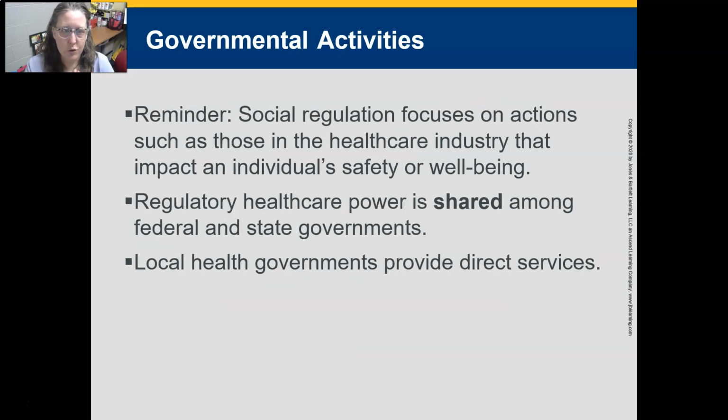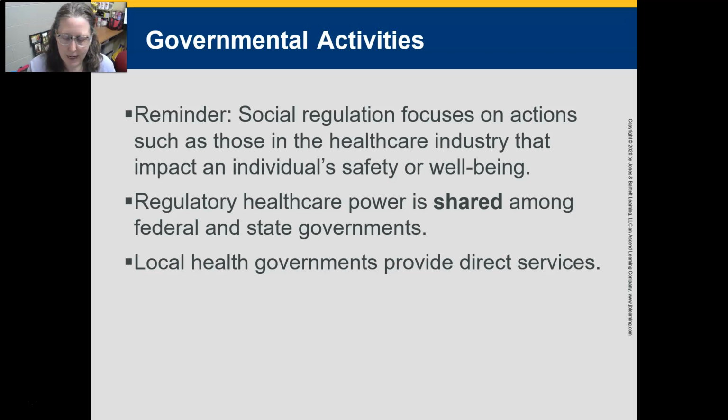So as a reminder, social regulations are usually put in by governments to focus on actions, such as those in the healthcare industry, that impact an individual's safety or well-being. So the example of the regulation of having to wear a seatbelt in the car is a social regulation because it limits injuries in car wrecks.